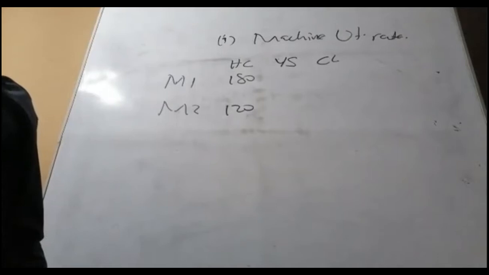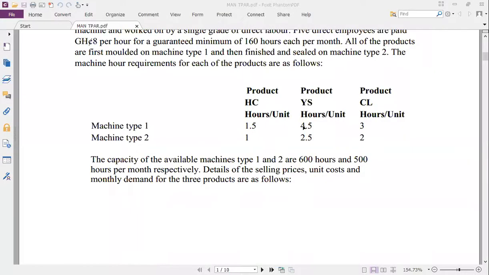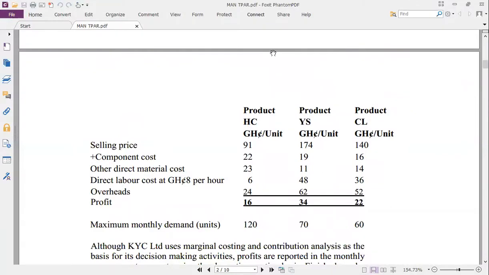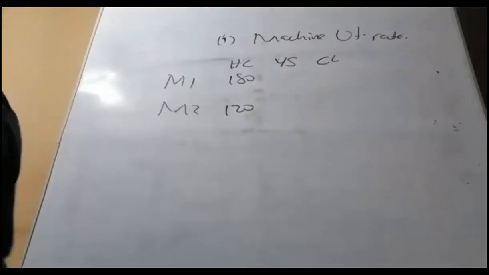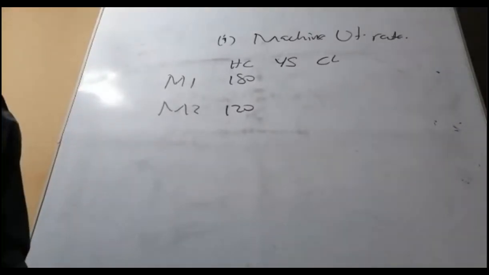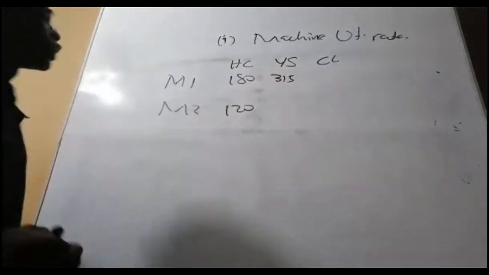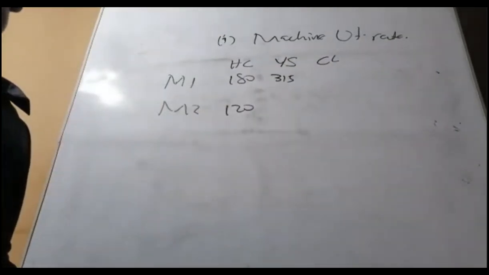Then the next one will be 4.5 for product YS, but the demand is 70. So 4.5 times 70 gives us 315. Let's go and pick the other one too.